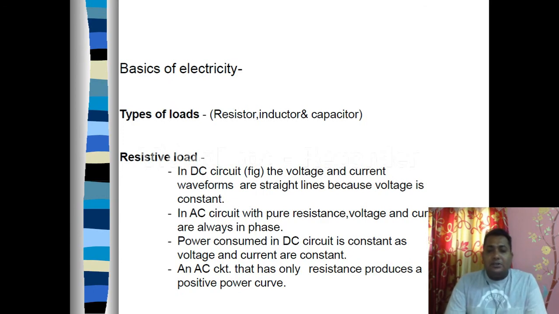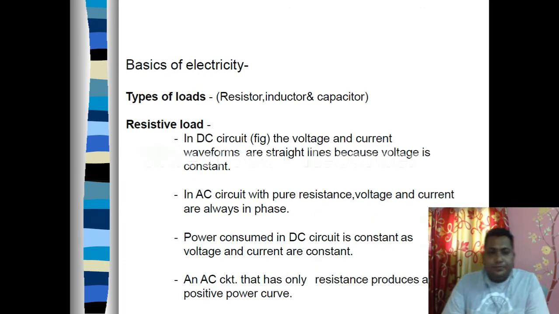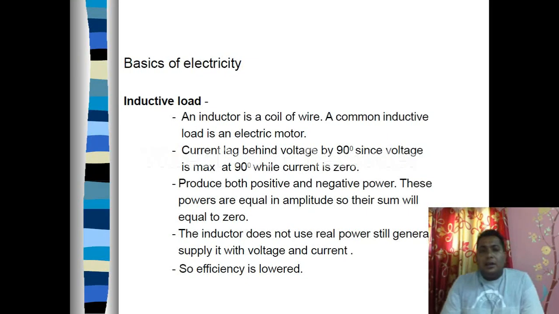And an AC circuit that has only resistance produces a positive power curve. These are the properties of our resistive load.